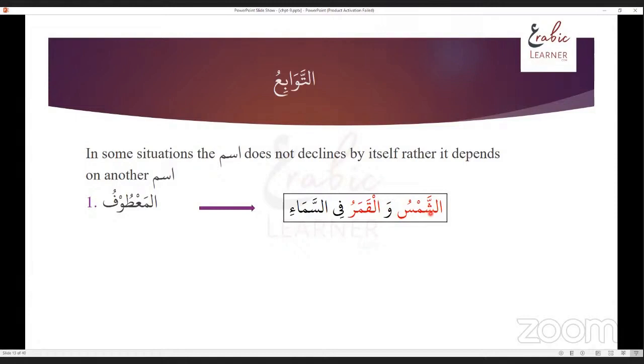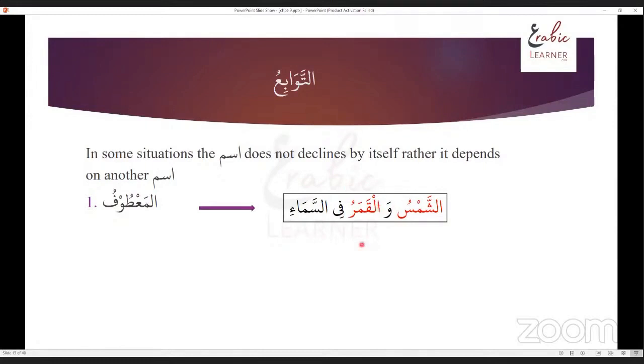But mind here, it only follows status. It doesn't follow gender. It doesn't follow type. It doesn't follow the fourth one, adad.